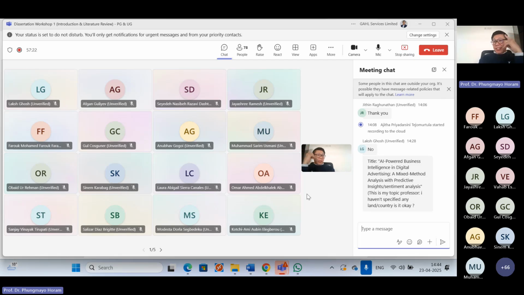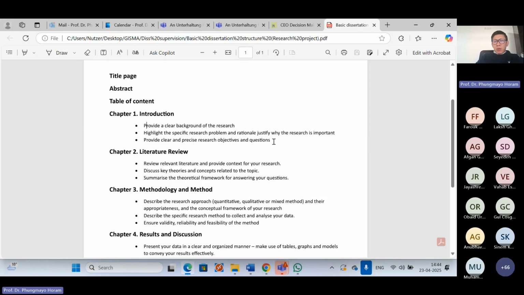So once the topic is clear, now the task is to write your first chapter, second, third, fourth, and fifth, right? So now let's briefly explore what the first chapter is about. Chapter 1, Introduction. And then once this is done, we'll go for a short break.